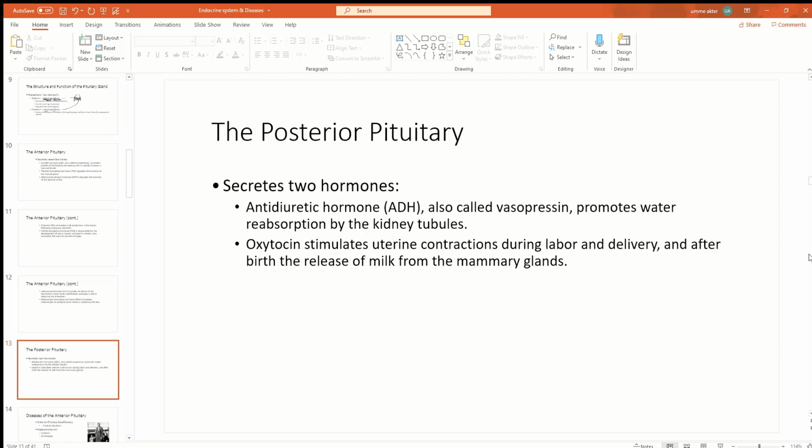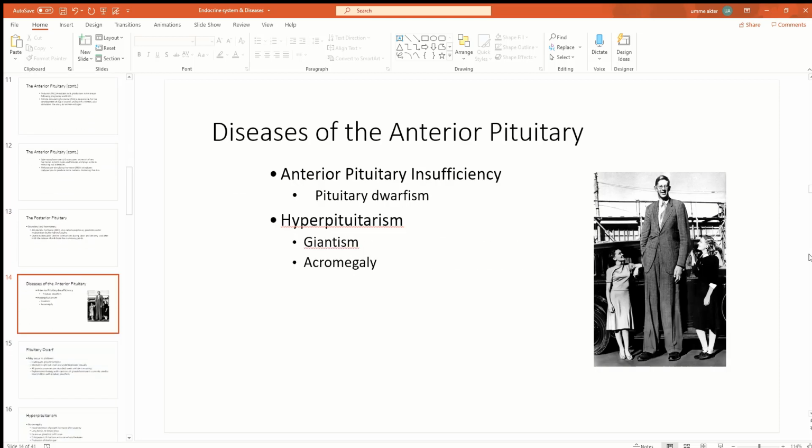So we talked about those hormones and their functions. We talked about gigantism or giantism, acromegaly, dwarfism. You see, this person is a giant person. This is normal sized people, and this is really very giant, right?